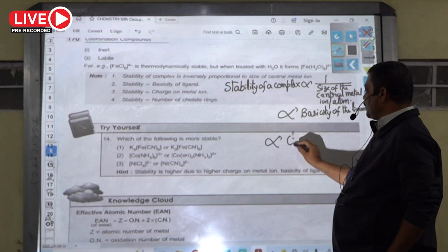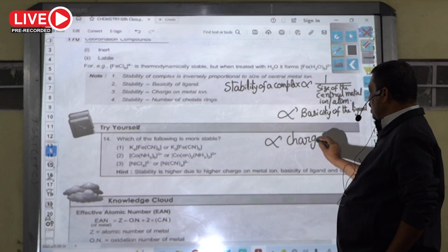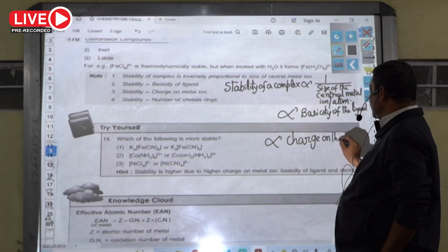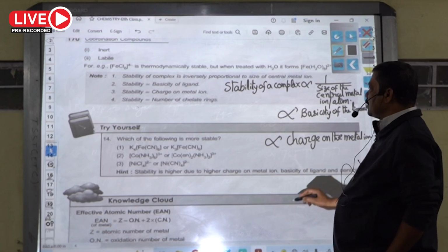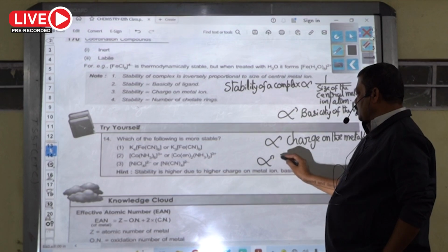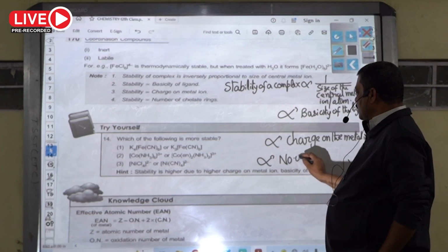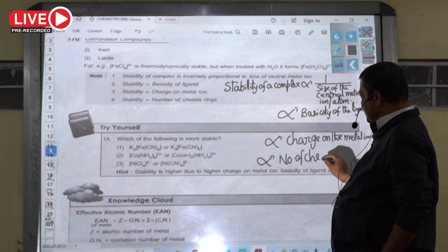Directly proportional to the charge on the metal ion. Directly proportional to the number of chelate rings.